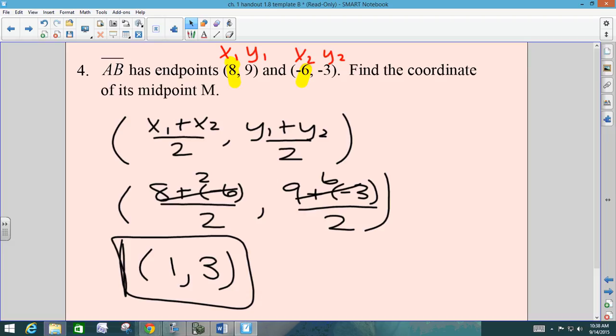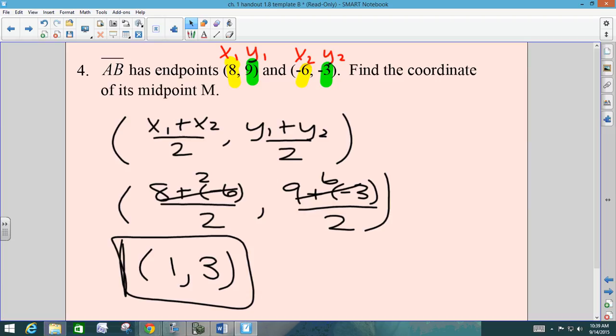How far is 1 from -6? Is 1 in the middle of them? Sure is. We can check that with your y's too. 9 and -3. How far is 3 from 9? 6. How far is 3 from -3? Is it in the middle? Yeah, it should be. It's the midpoint.